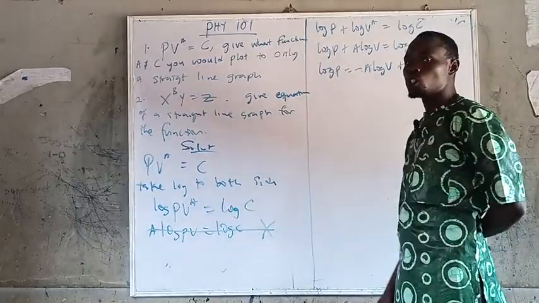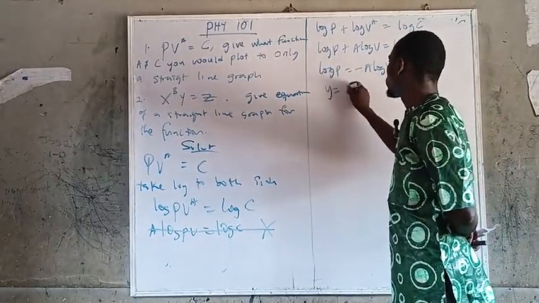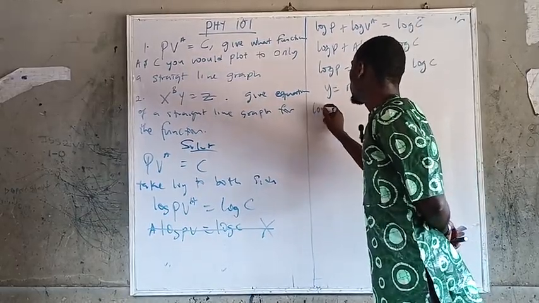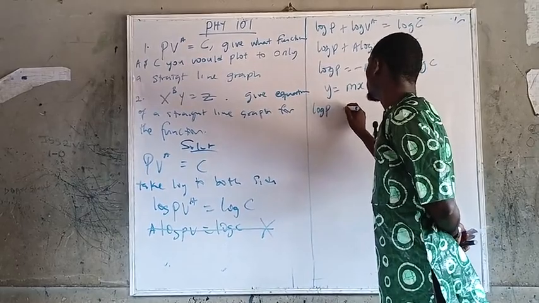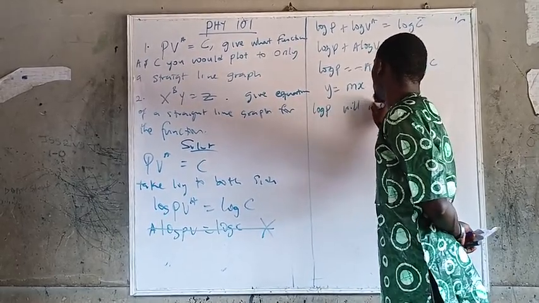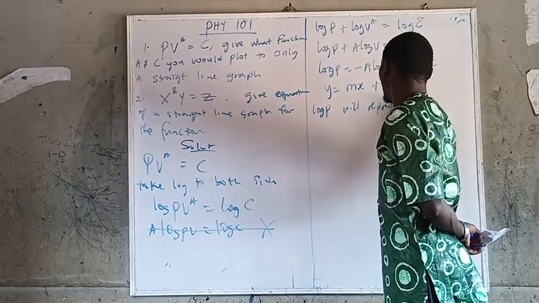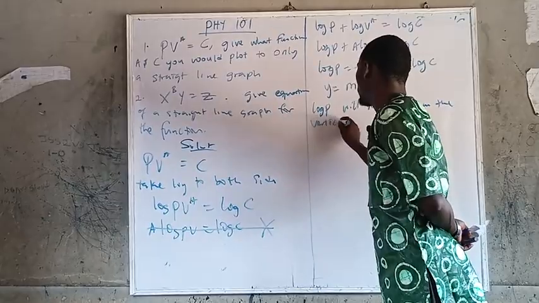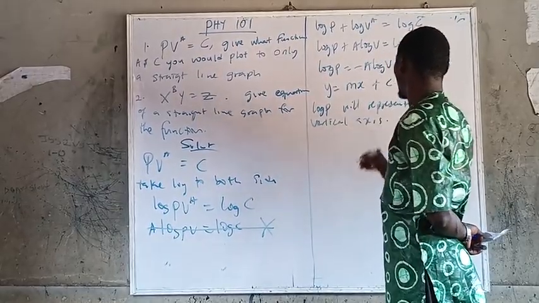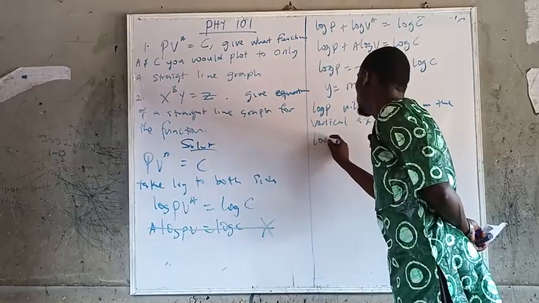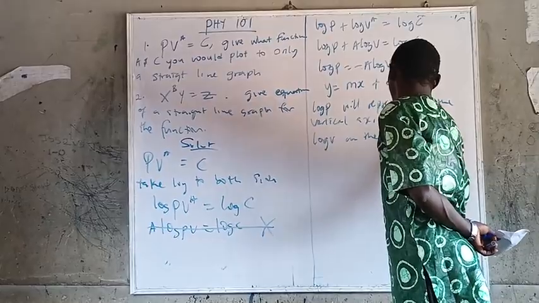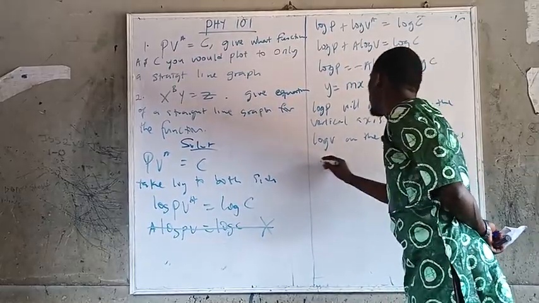Remember that the general equation of a straight line is y is equals to mx plus c. So which means log P will be represented on the vertical axis, log V on the horizontal axis.